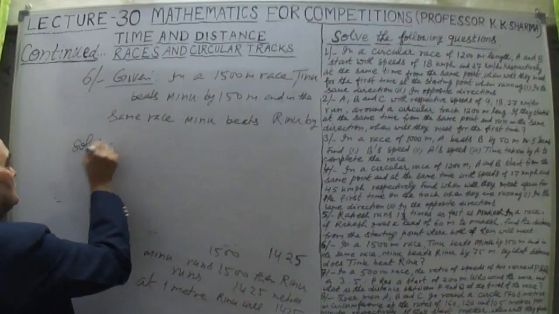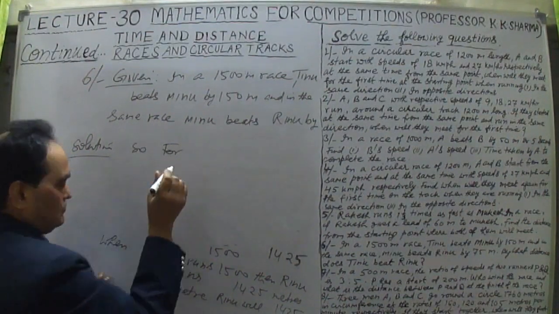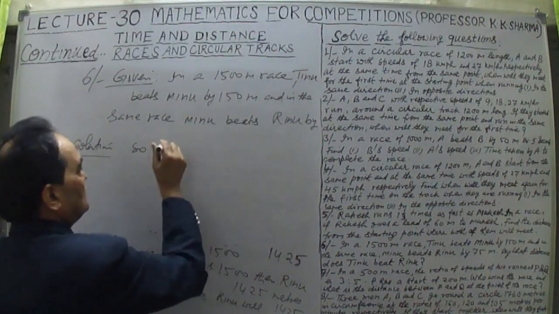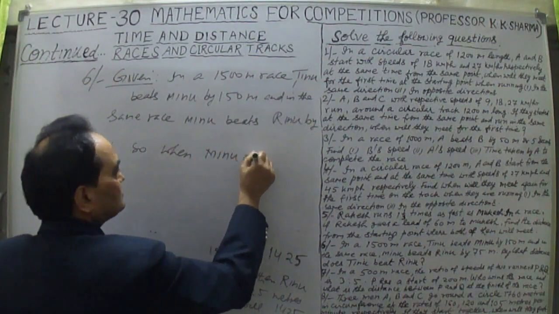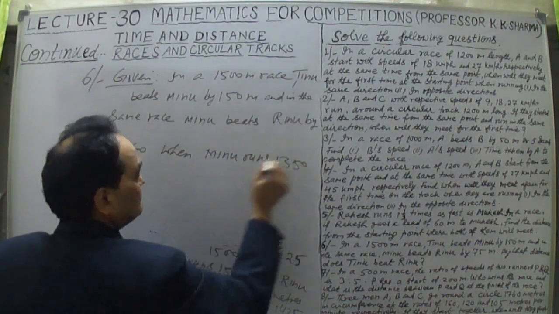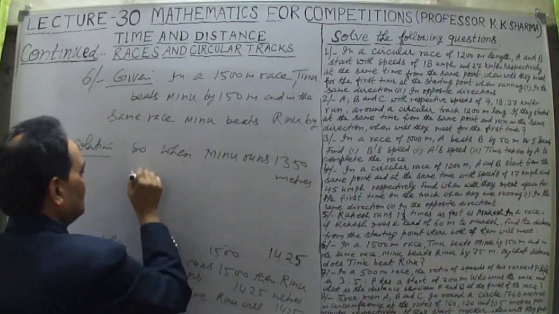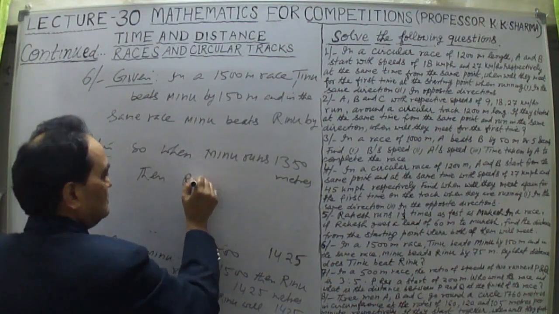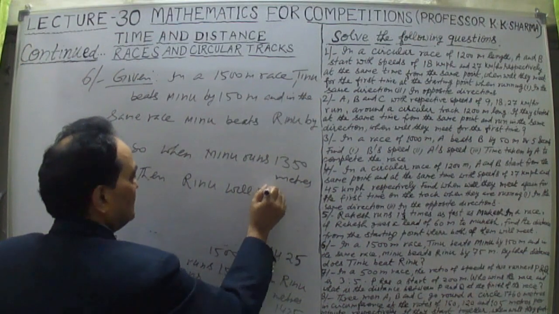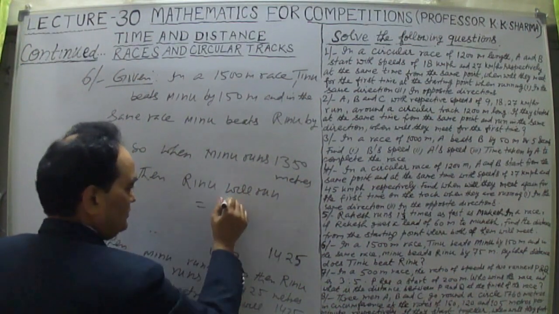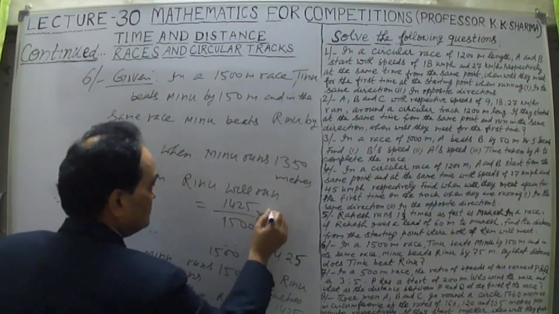Solution. When Minu runs 1350 meters, then Renu, the third one, will run 1425 upon 1500 into 1350.